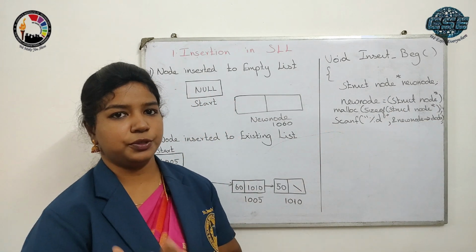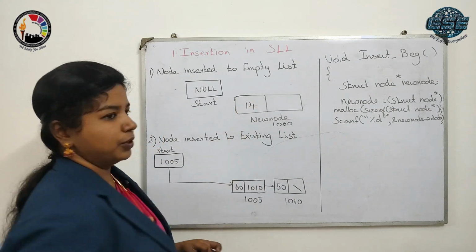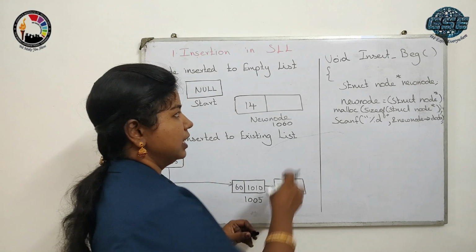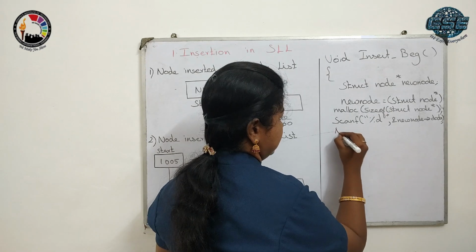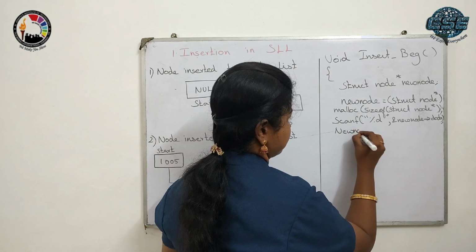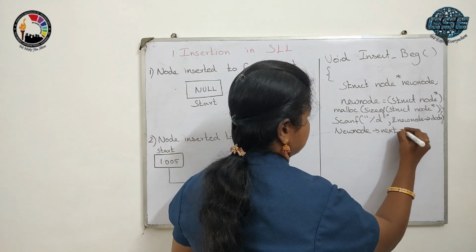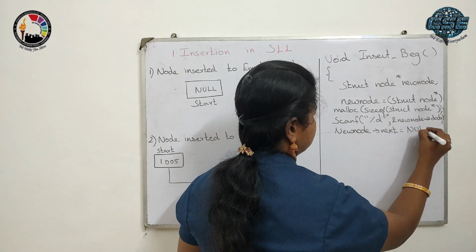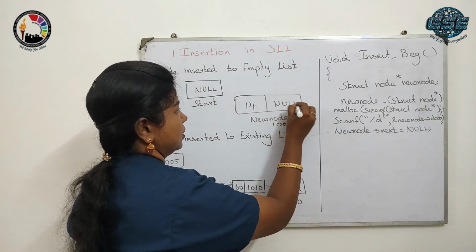From the user you can get any value. So let me take the value to be 14. I have got it from the user. The next part I have to make null, so I am assigning new node of next is equal to null. So this part will be equal to null.